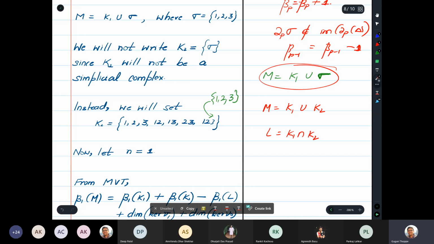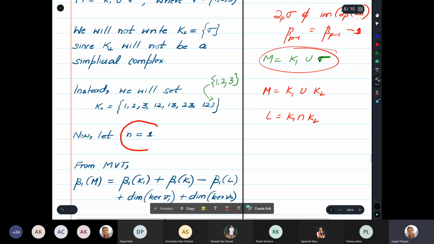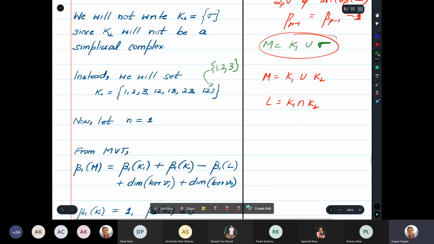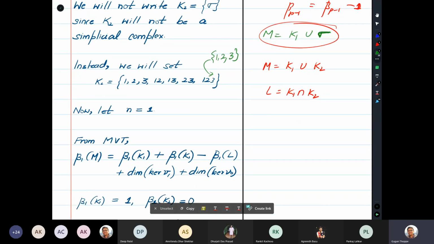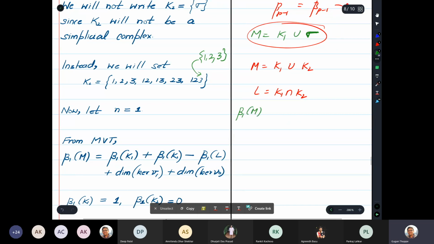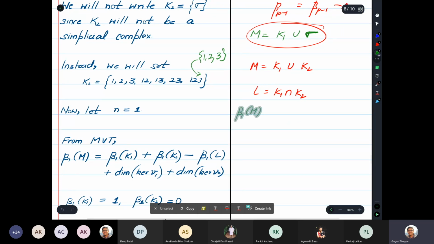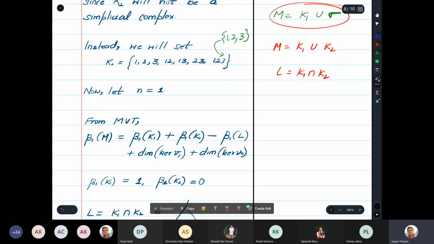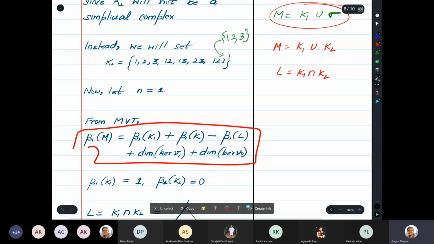Right. So in this discussion, we will focus on how the first Betti number of M relates to the first Betti number of K1, K2, and L. Is this okay? So that's what we are going to do. So let us try to understand that. So beta 1 of M, right? From this Mayer-Vietoris theorem, I have already written it, so maybe I don't need to write it. So the first Betti number is related in the following way, right?